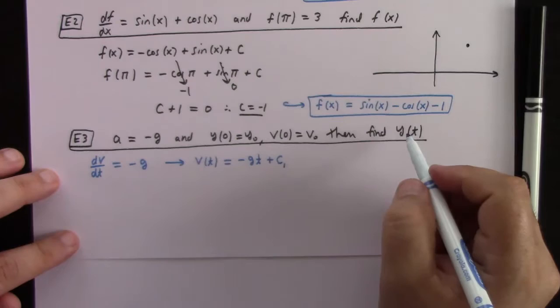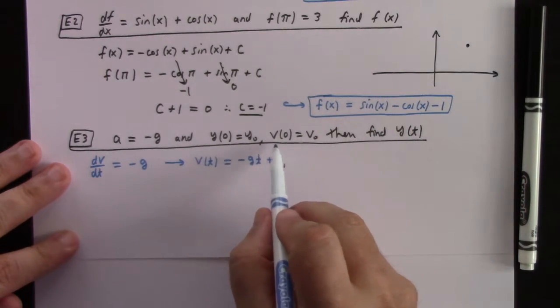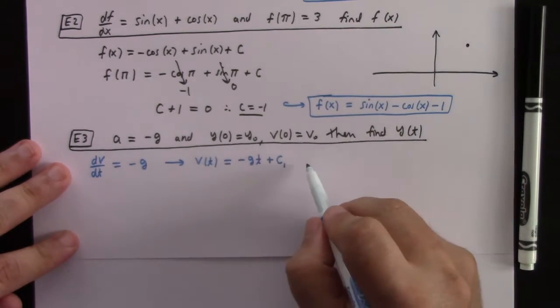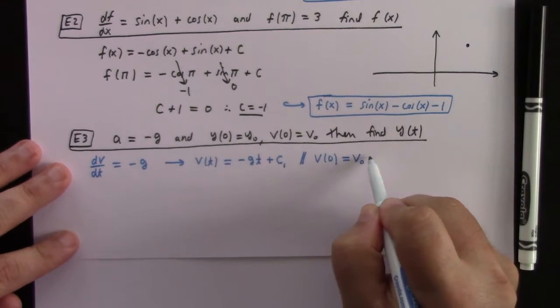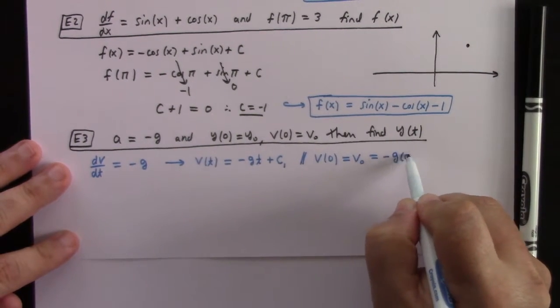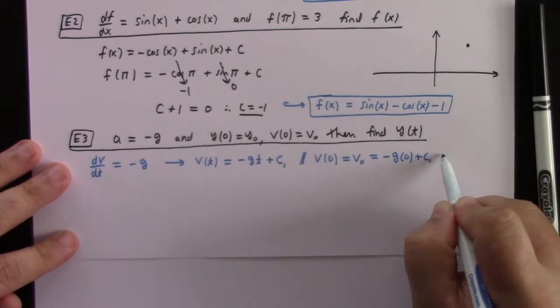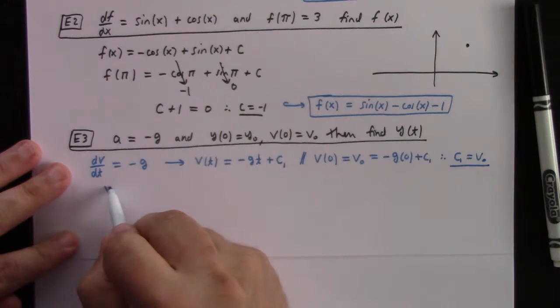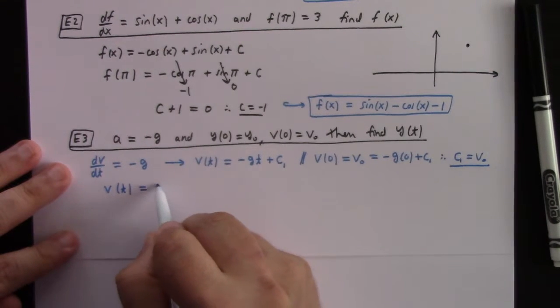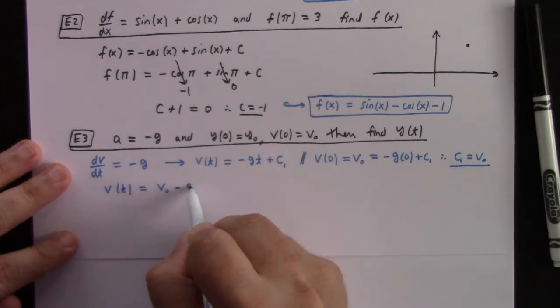Now we'd be stuck, except that we also know that velocity at time 0 is v naught. So v of 0 is v naught, but it's also equal to minus g times 0 plus c1, so therefore c1 is v naught. So there you go. The velocity as a function of time is in fact v naught minus gt.